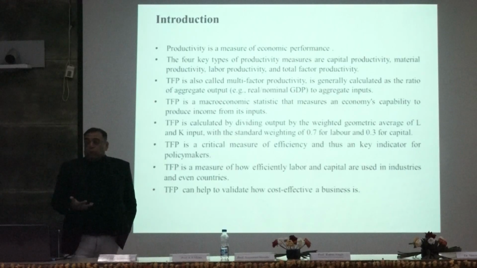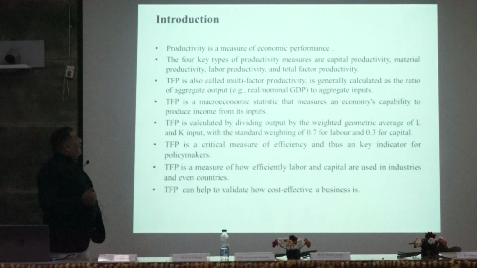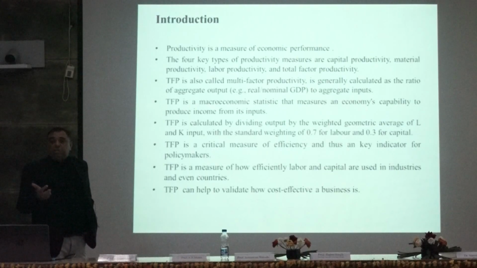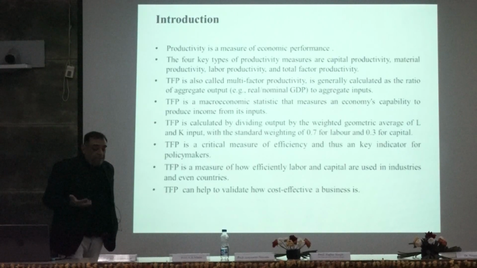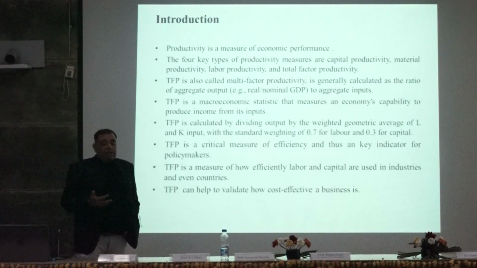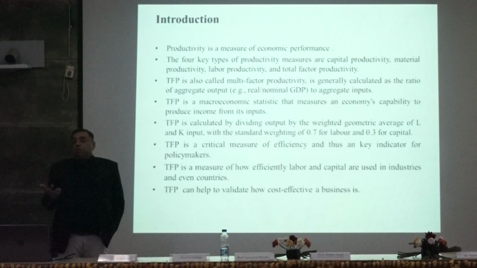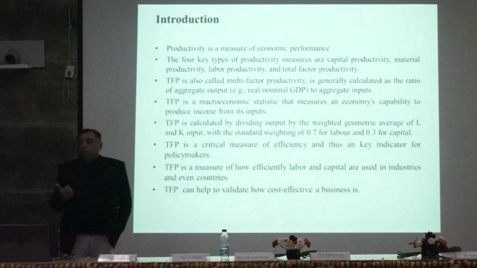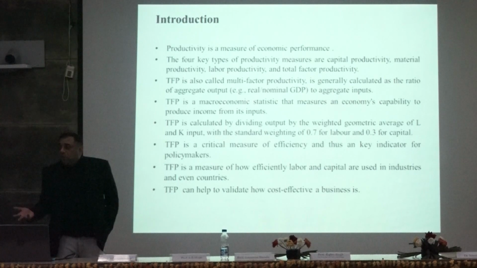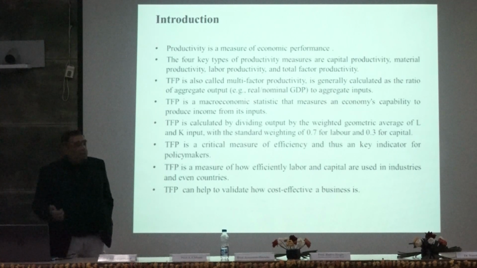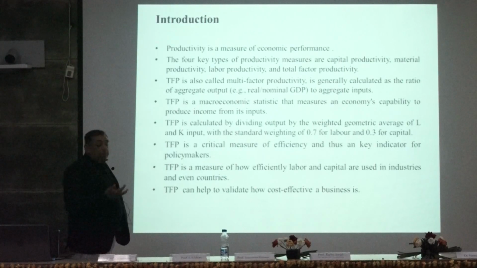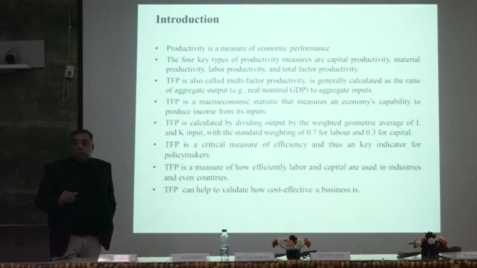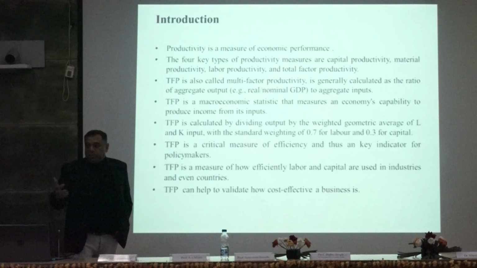Productivity measured at the national level is considered an economic measure, and we use productivity in policy making. We can calculate productivity by taking different formulas: capital productivity, material productivity, labor productivity when you take labor only and other things remain constant, and then total factor productivity by taking all the factor inputs.